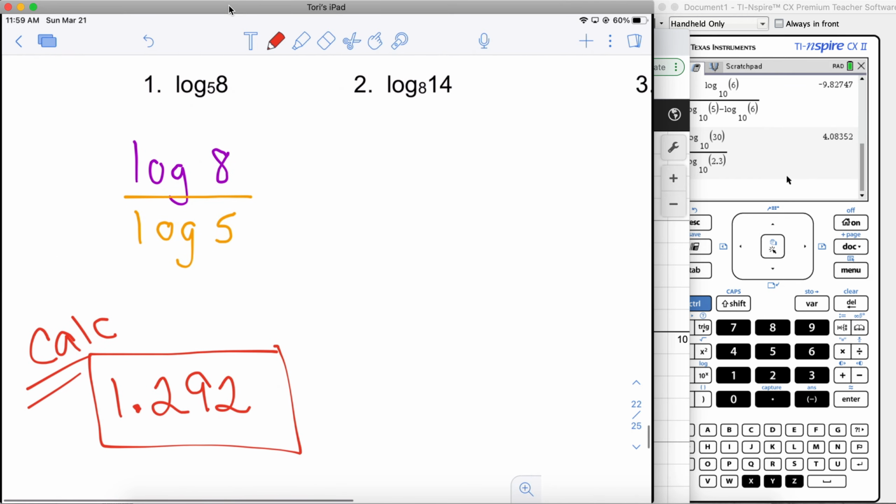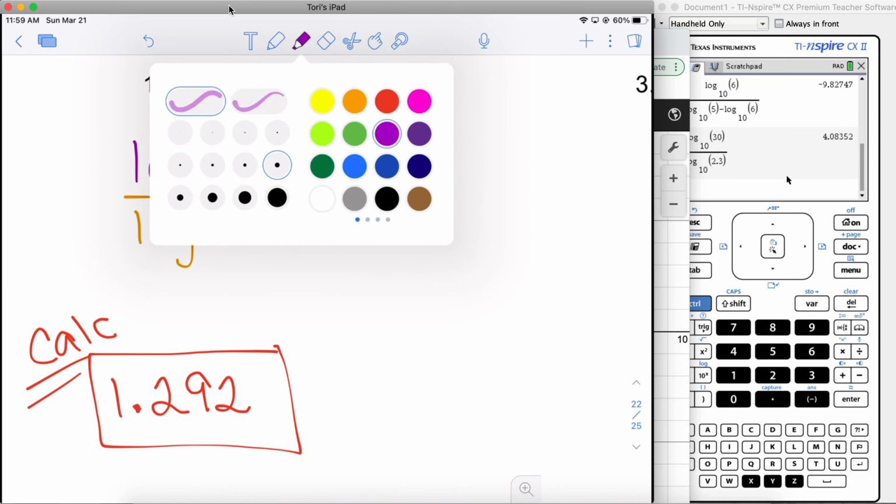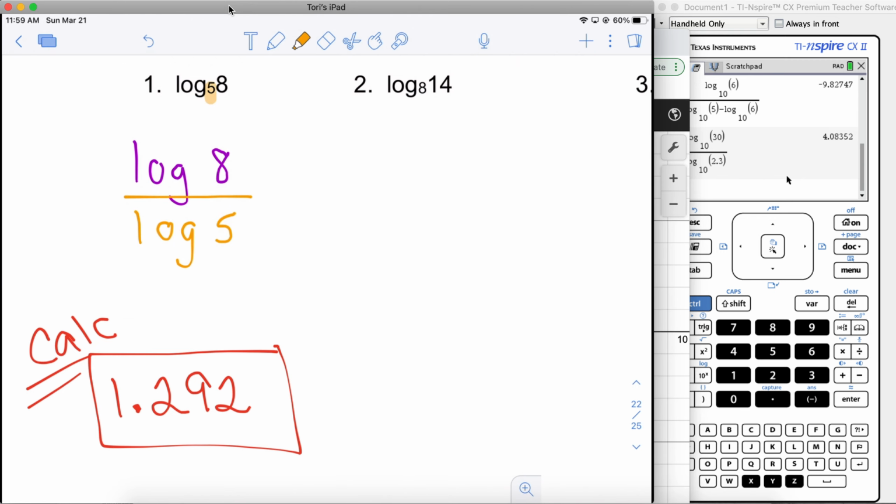So on this one, I started by taking the log with base 5. And I was taking the log of the number 8. So whatever I was taking the log of goes on the top. Whatever my base was goes on the bottom. But no matter what, right now, both of them have a base of 10 now. That way I can put it in the calculator.